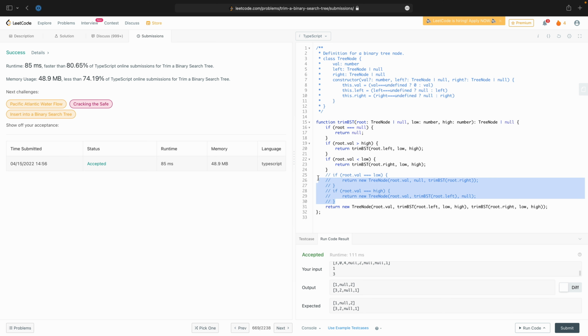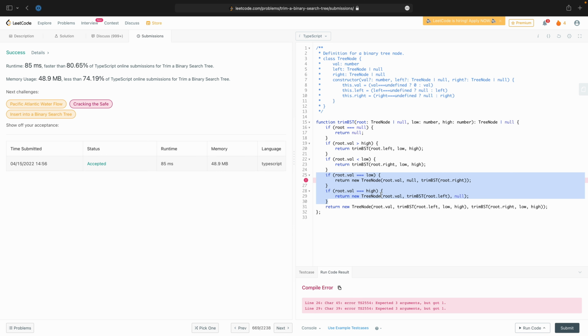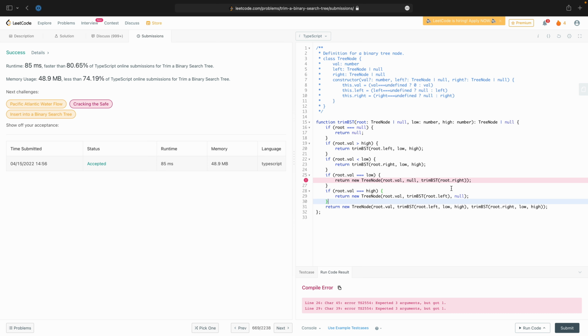But I'm curious to see what happens if we put back in these checks. So we'll just double check that it still passes the test case. Should do. This doesn't change anything. There's just expected 3 arguments but got 1.